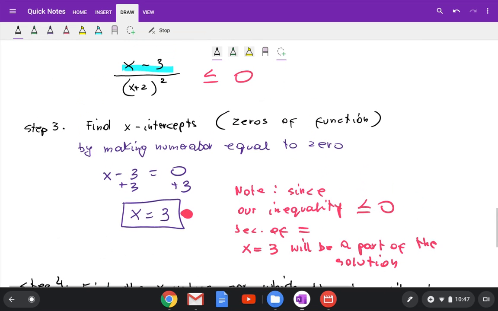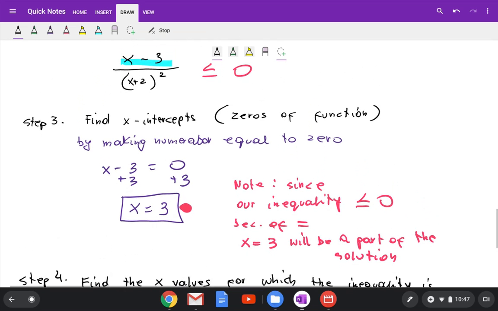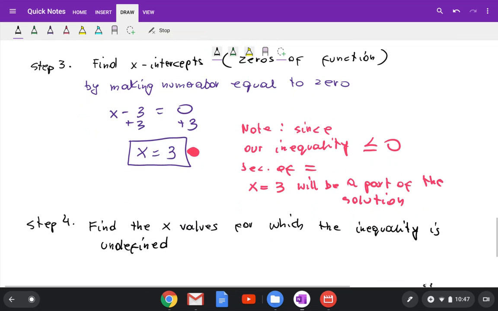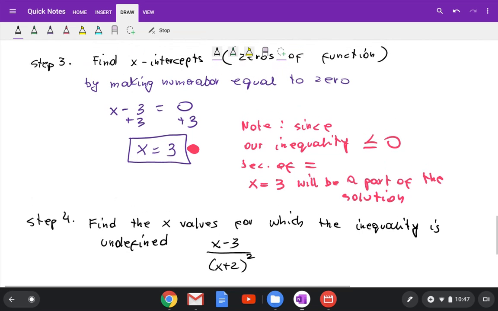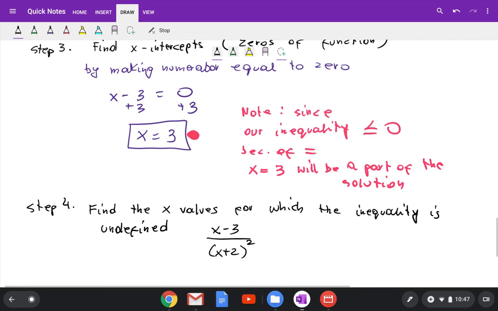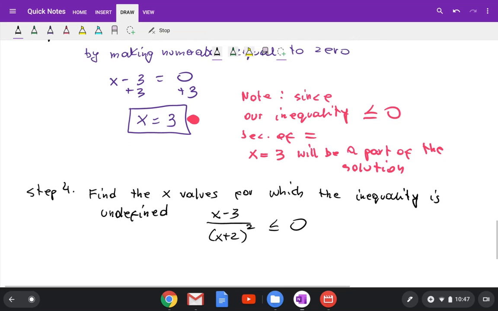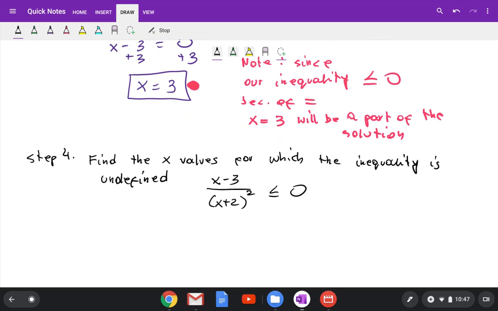So our inequality is x minus 3 divided by (x plus 2) to a second power, less than or equal to 0. And find the x values for which the inequality is undefined. How are you going to do it?